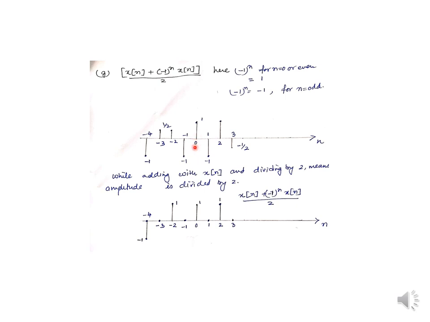At 0 it remains the same. At 1 again it changes its polarity. At 2 it remains the same. At 3 it changes its polarity to the negative side. So when you add this x of n to minus 1 raised to the power n times x of n, and you divide it by 2, you will get this answer.